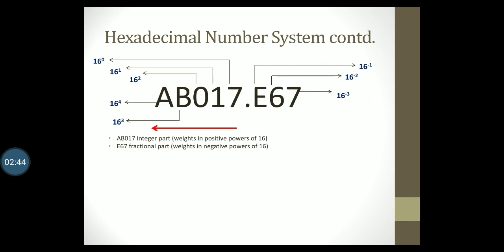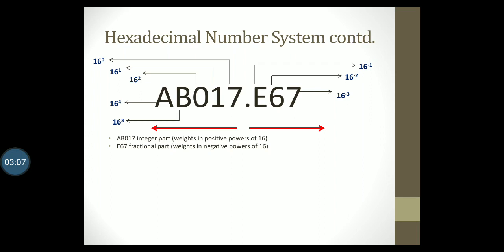Starting from the decimal point but moving right, the first position has a weight 16 raised to minus 1, followed by 16 raised to minus 2, and the last digit has the weight 16 raised to minus 3. So digits after the decimal point have negative powers of 16 as weights.